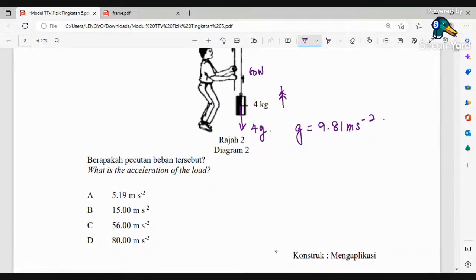So using the formula F equals ma, we get the resultant force: 60 minus 4g, or 4 times 9.81, equals 4a. This is the resultant force that acts on the object. Just calculate for the value of a, and you will get the answer.